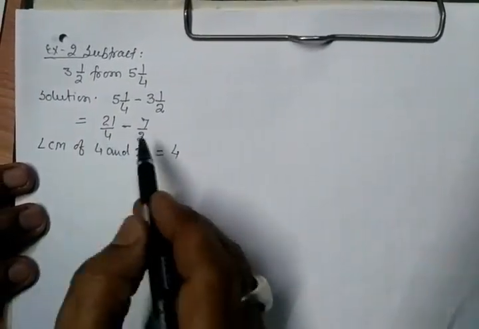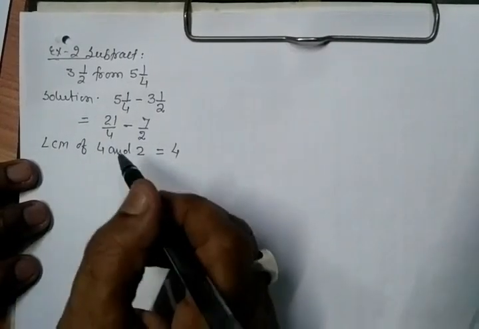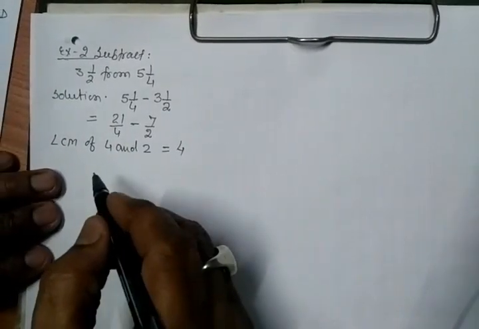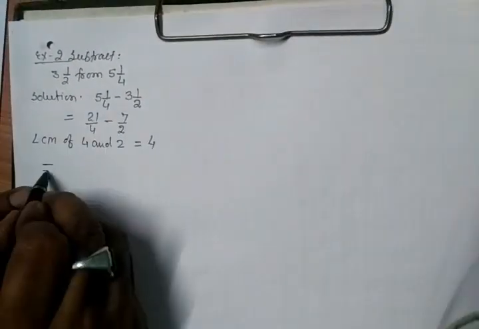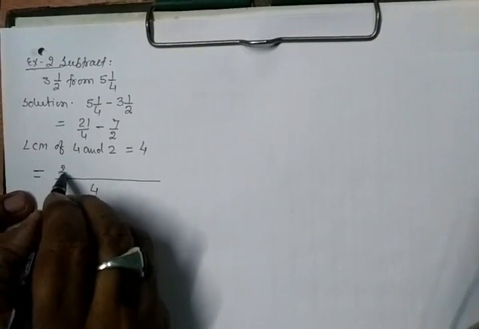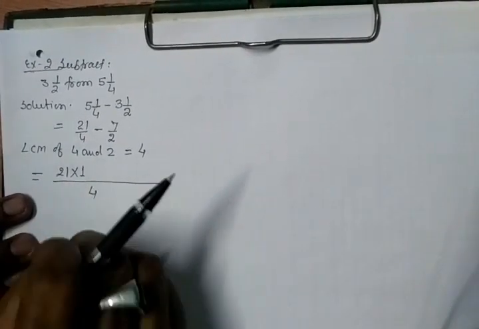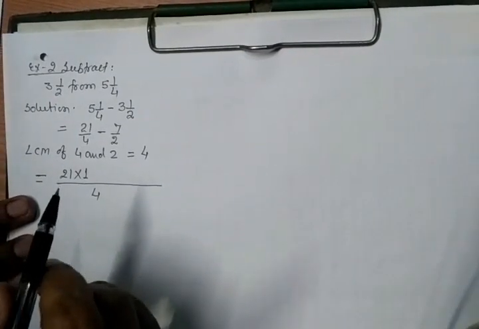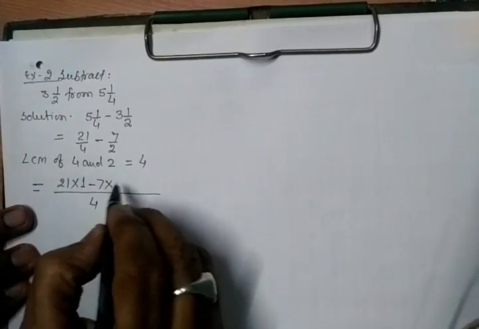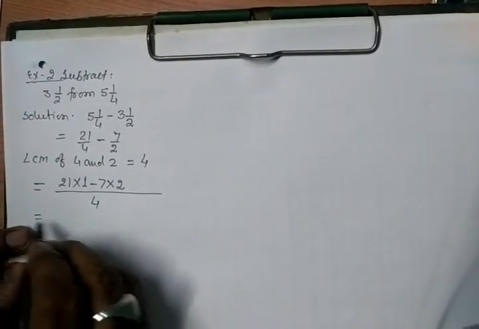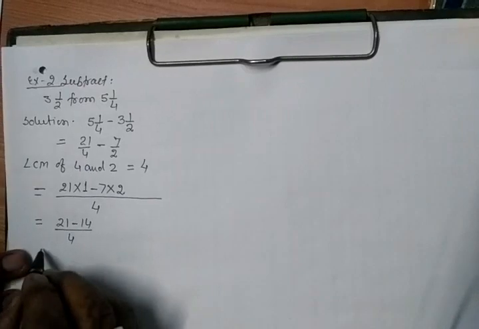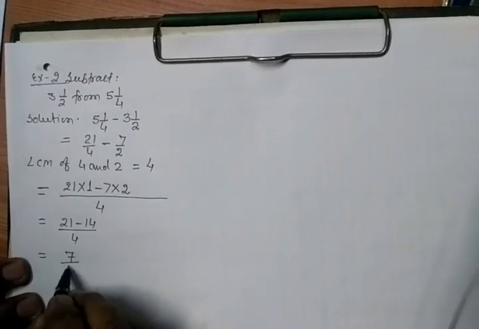Then we change the fractions into like fractions. 21 multiplied by 1, because when we divide the LCM 4 by 4, 4 1s are 4, minus 7 multiplied by 2, because 2 2s are 4, equals 21 minus 14 upon 4, equals 7 upon 4.